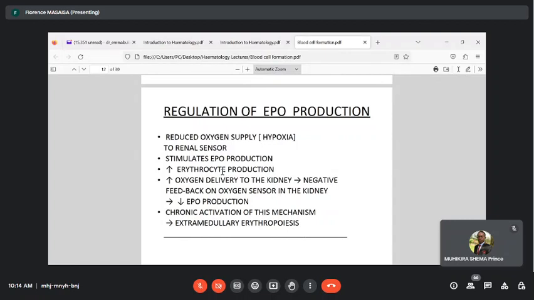Then there will be increased erythropoietin production causing increased red cell production. So you may see those patients having a high hemoglobin and a high number of red blood cells because erythropoietin is in overproduction. Is it clear? Because there is chronic hypoxia. That makes sense? Do you understand the mechanism?